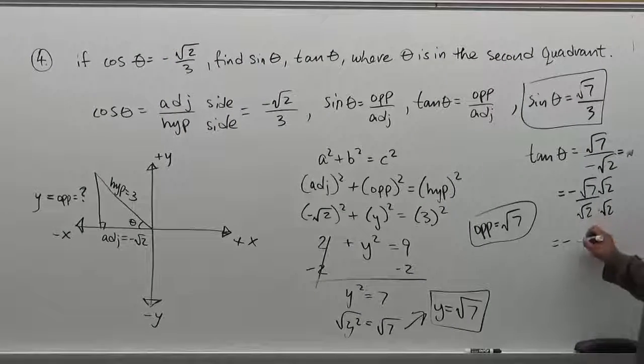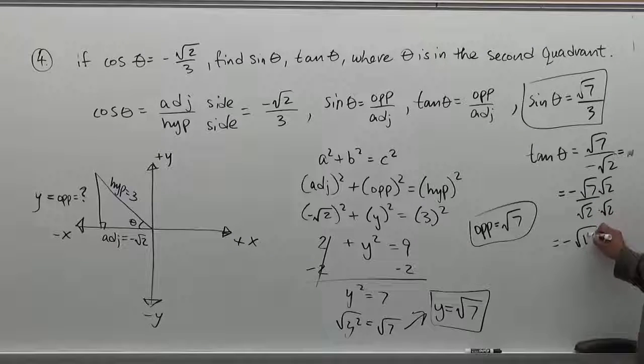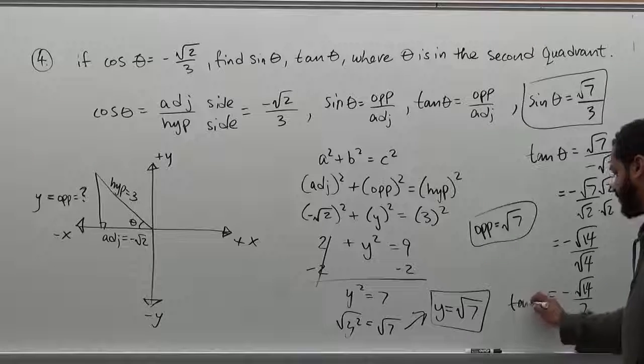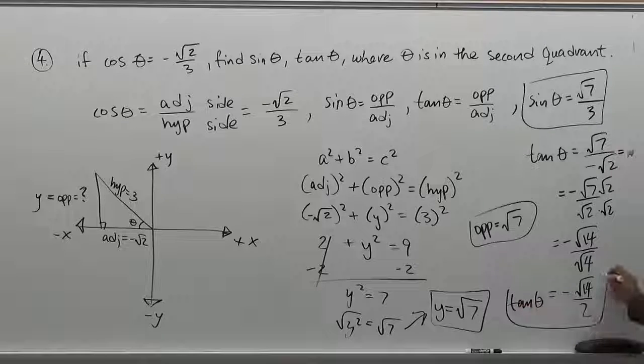This becomes the square root of 14 over the square root of 4, and this becomes a 2. There's no square root to simplify in 14, so we're just going to leave negative radical 14 over 2. And this is our tangent of the angle.